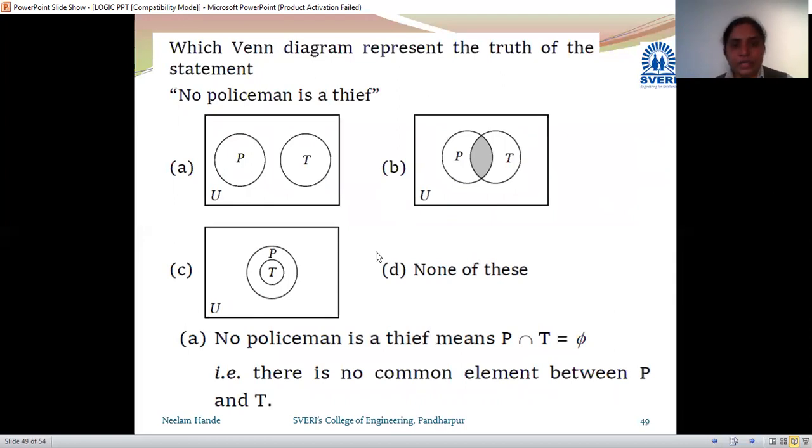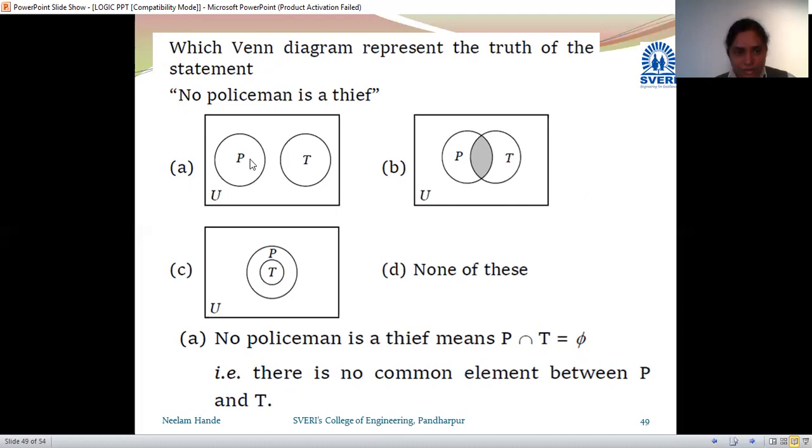Okay, which Venn diagram represents the truth of the statement? Okay, this is very important. No policeman is a thief. So which one is correct? Venn diagram. P denotes policeman and T denotes thief. This is the universal set. No policeman is a thief means there are two different sets, P and T. They are not within each other.